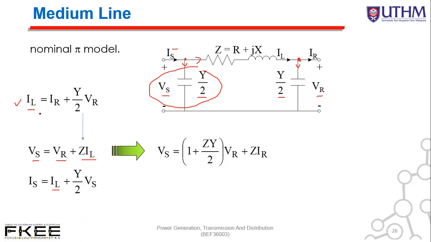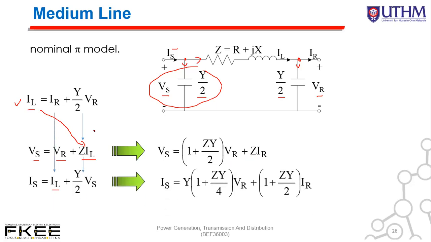We got Vs equal to (1 plus ZY over 2) VR plus Z IR. Further, for IR, this equation we can convert to this IL, and this also we convert to this one, that is Vs equal to VR plus Z IL.